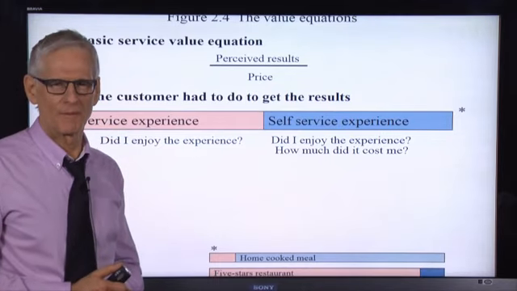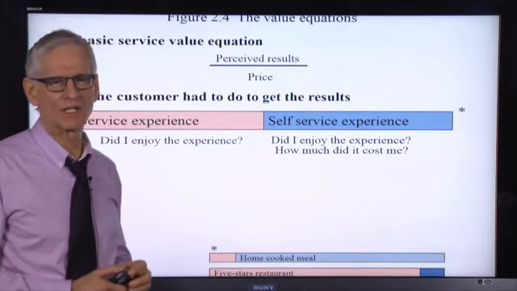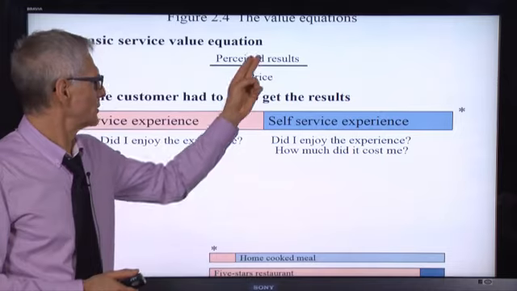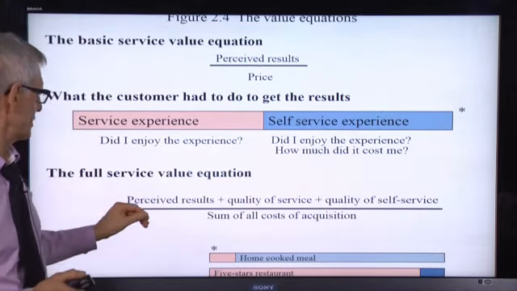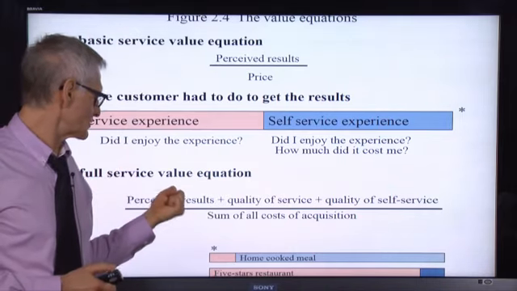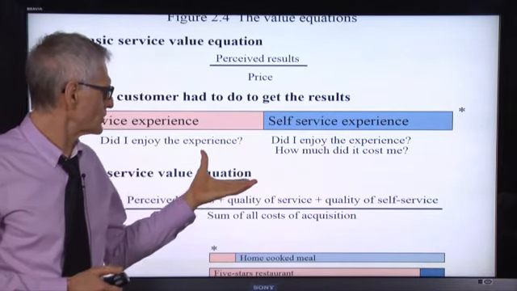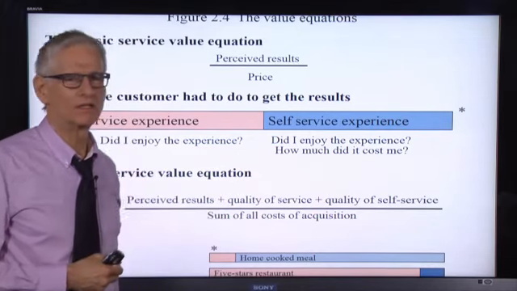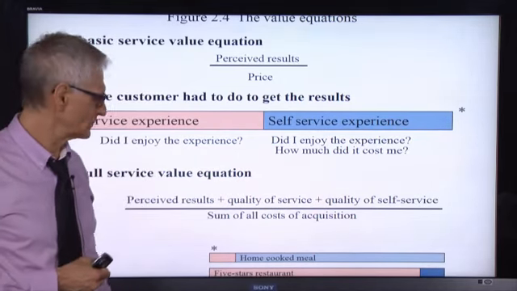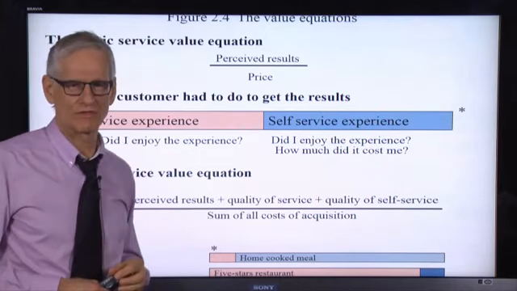What we're missing here is that the price is not the complete thing. The results are not the complete thing either. So let's get a complete picture. What did I get as a result? What was the quality of what they did for me? How much did I like what I did for myself? Divided by the sum of all costs of acquisition.